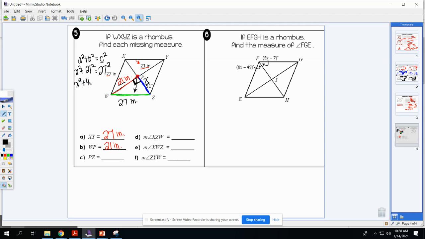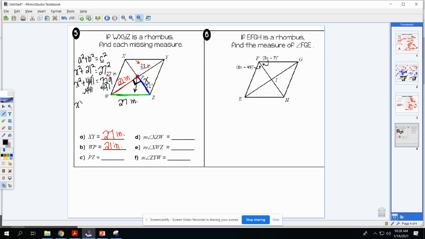So now that we have this set up, all we have left to do is actually work out the math. So 21 squared gives us 441, and 27 squared is going to give us 729. So we got some big numbers that we're dealing with right now. We got 729 and 441, and hopefully you can see we need to subtract 441 from both sides.